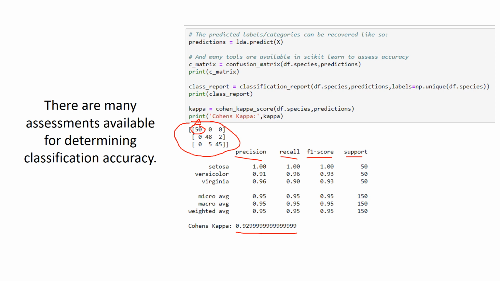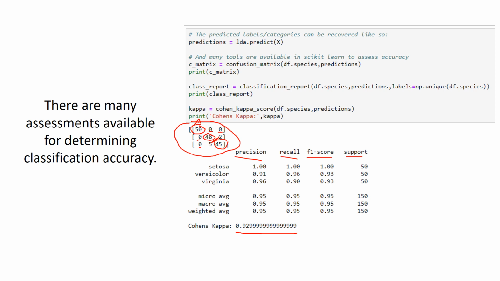We didn't classify any setosas mistakenly as virginica or versicolors, nor did we accidentally categorize versicolors or virginicas as setosas, right? So we didn't make any mistakes on this category. We did make a couple of mistakes with the other ones. So we captured 48 total of the 50 versicolors and 45 total of the virginicas, with a couple of misclassifications on each of those.